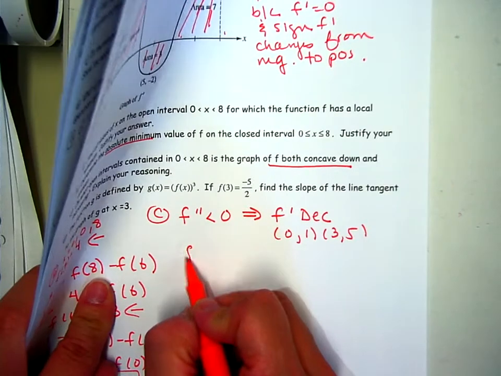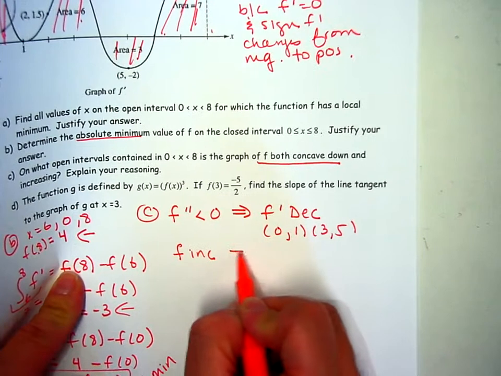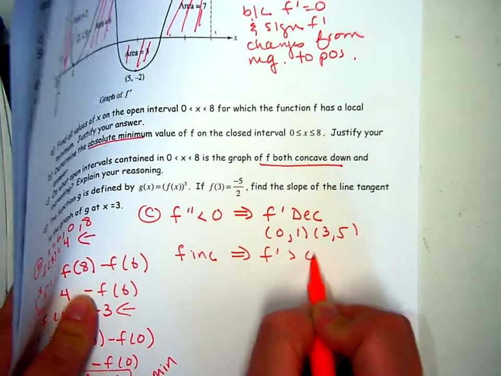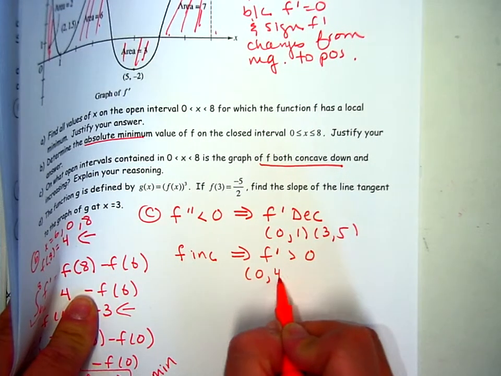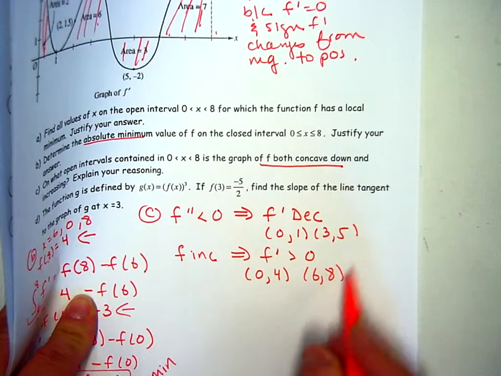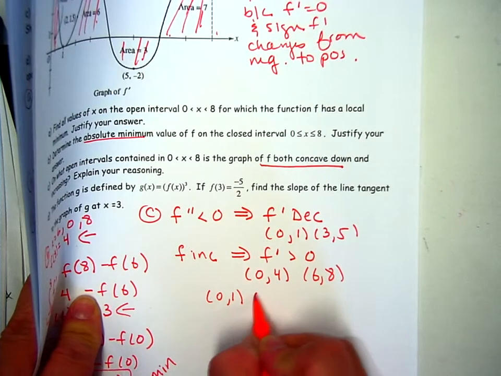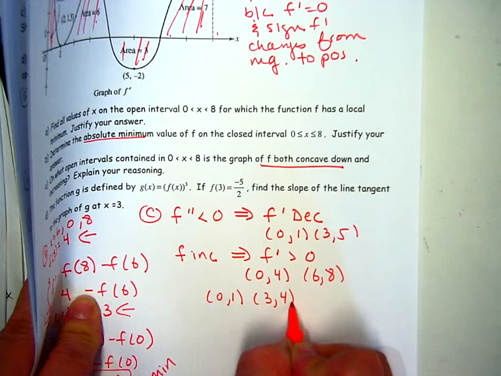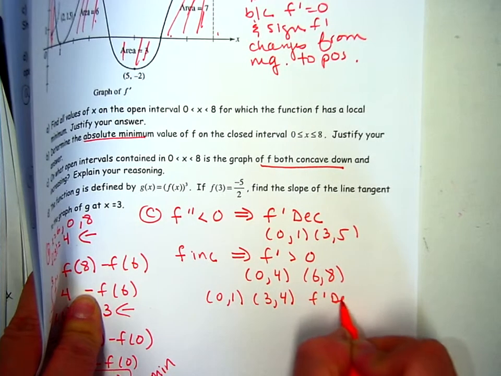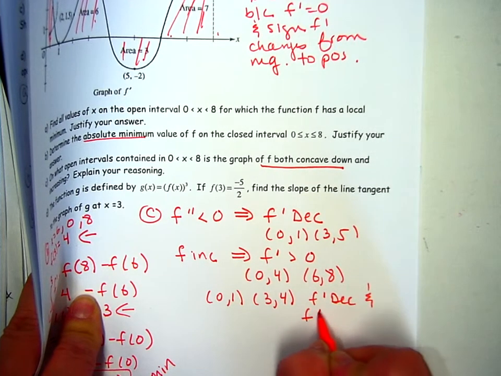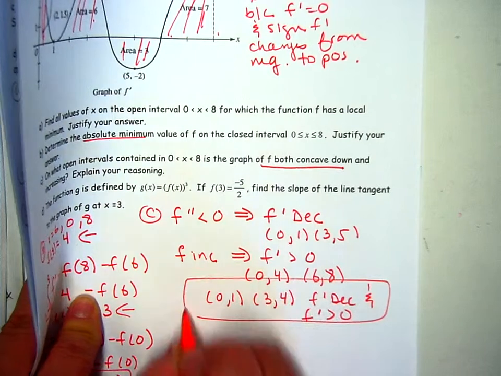Well, f increasing would imply that f prime is positive, and that's only from 0 to 4 and 6 to 8. The only place where both of these statements are true is from 0 to 1 and 3 to 4. And your justification is f prime decreasing and f prime positive. Again, justify with what you are given.